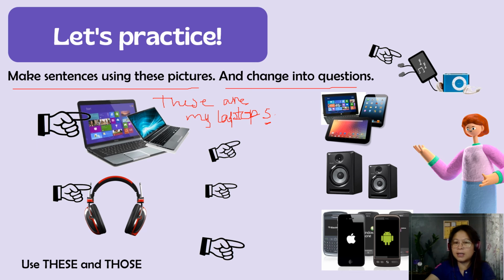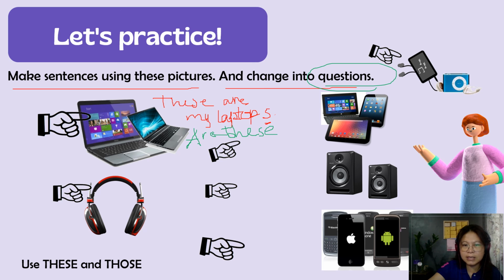Don't forget to write S on laptops because it's in plural form. So these are my laptops. Make it into a question. Are these my laptops? With a question mark.